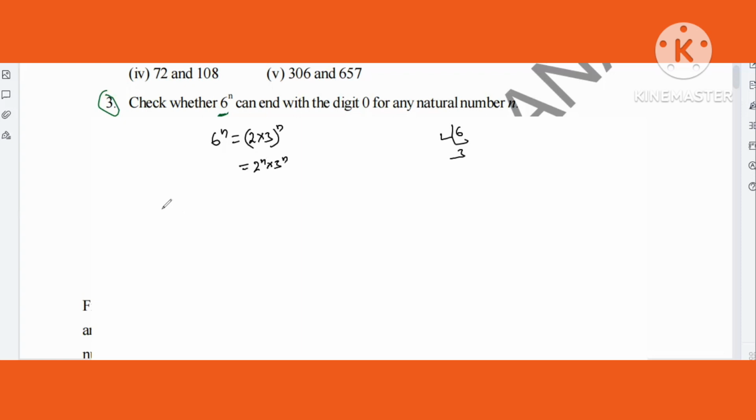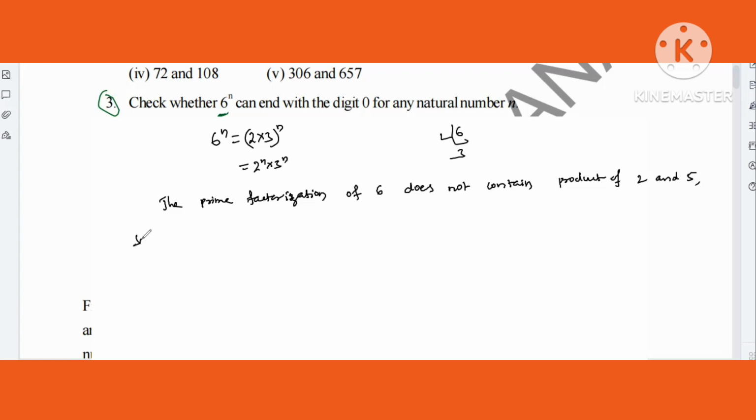So you can write that the prime factorization of 6^n does not contain the product of 2 and 5.